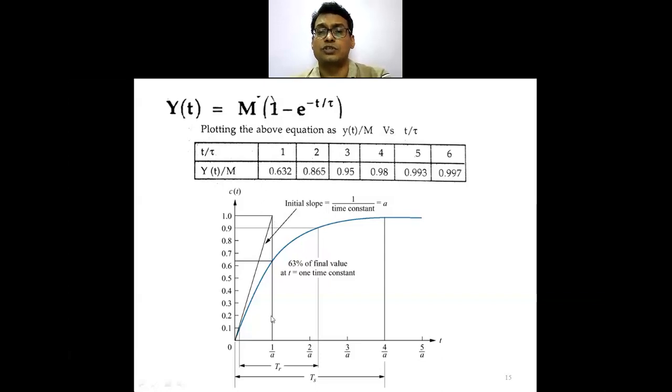This is one time constant, this is second time constant, third time constant, and fourth time constant, the t upon tau values.